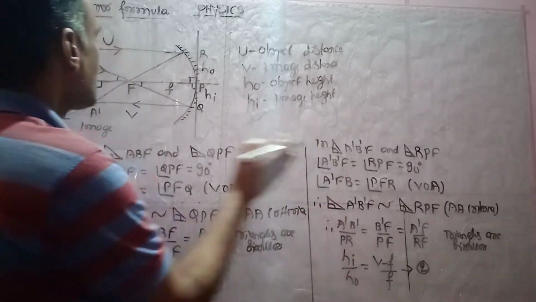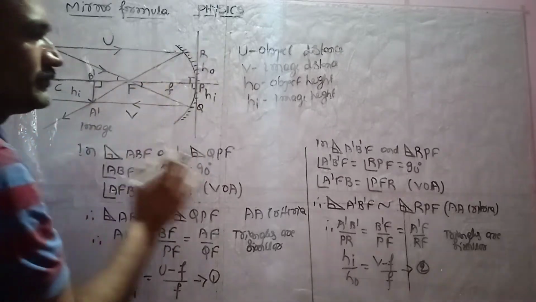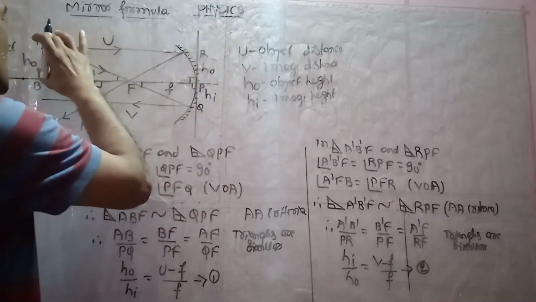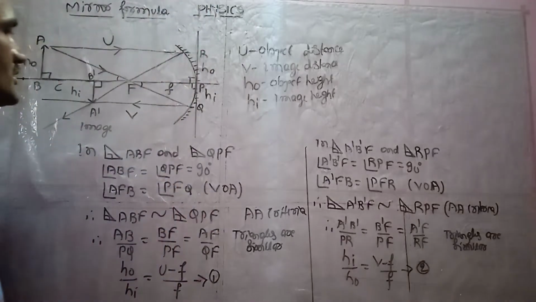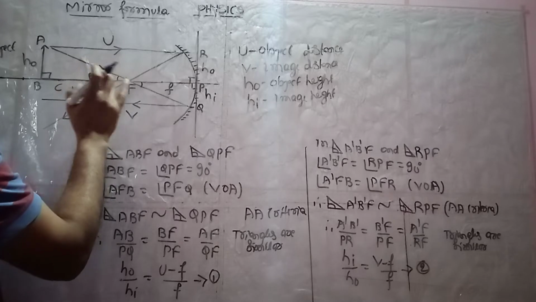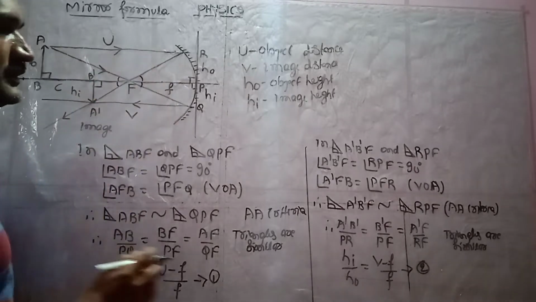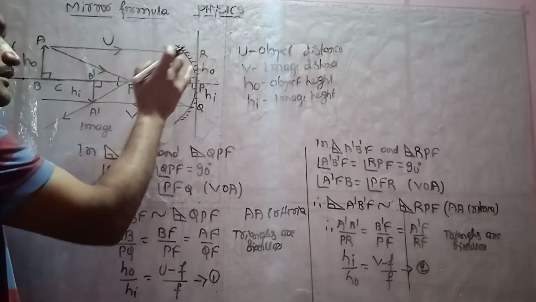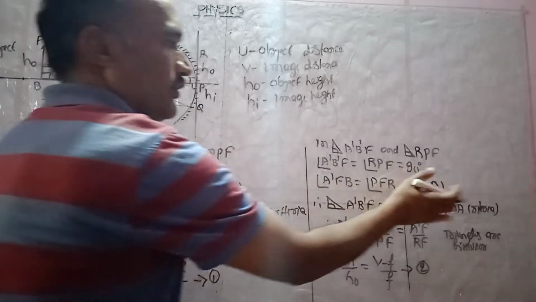Angle A dash B dash F is equal to angle RPF, 90 degrees, because image and object height are perpendicular. And angle A dash FB is equal to angle PFR, vertically opposite angles.